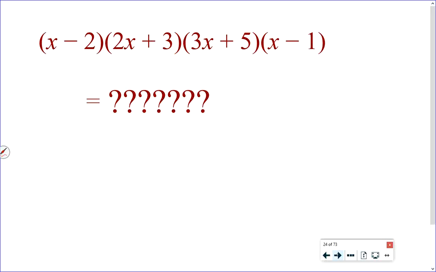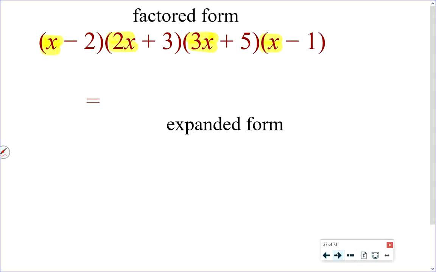Why? Well, let's say we had these 4 factors multiplied together. I taught you 2 lessons ago, that's factored form, this is going to be expanded form, that if you multiply the highest degree terms together, you get the leading term of the polynomial written in expanded form. You with me? And if you multiply all of the constant terms from each factor together, you get the constant term.